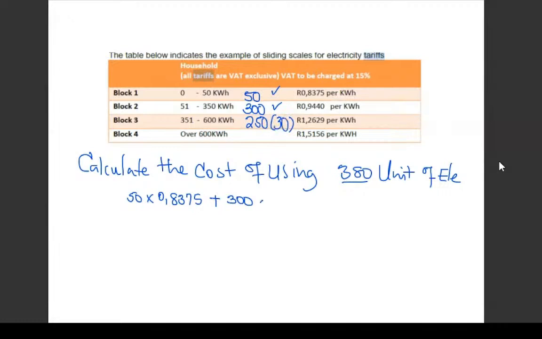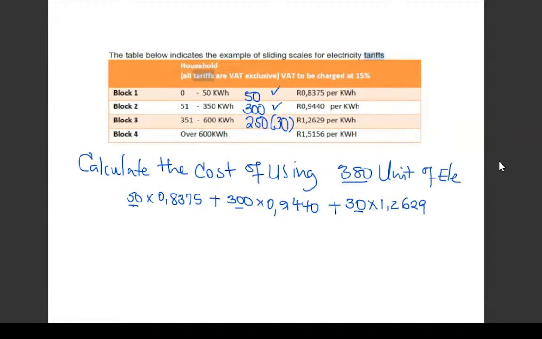So this is 300 because it's bracket number 2 used fully, plus the 30 times 1,262. So when you add the units, they should give you 380. This is 50 plus 300, 350, plus 30, you get 380.